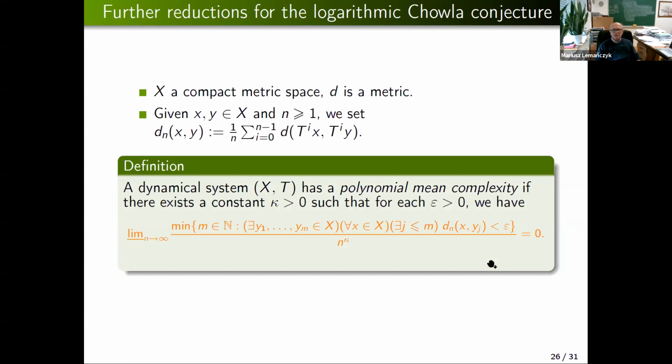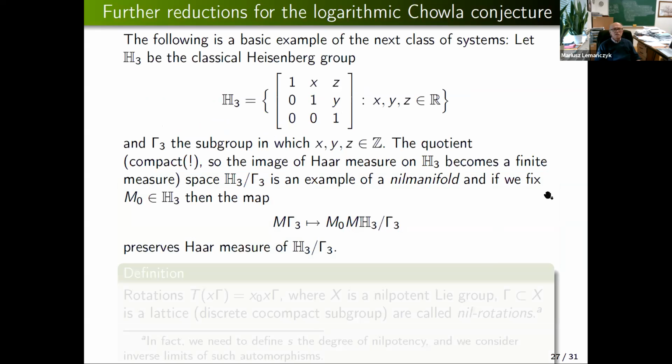The other definition I need is to speak about algebraic systems. I should say what nilmanifolds are, but instead of giving a precise definition, let's just consider a very classical example, the classical Heisenberg group. We look at the group of all upper triangular matrices.